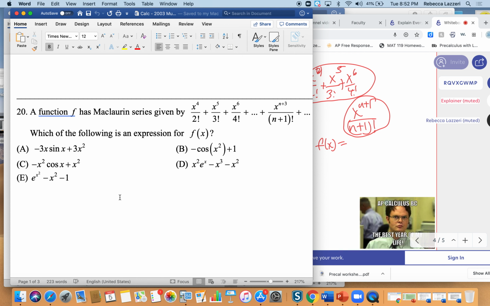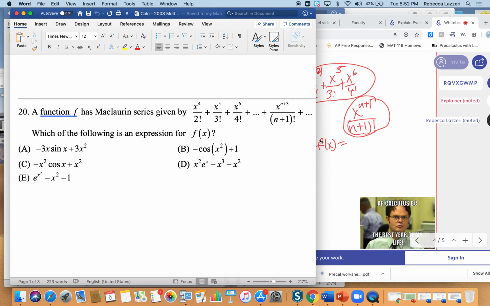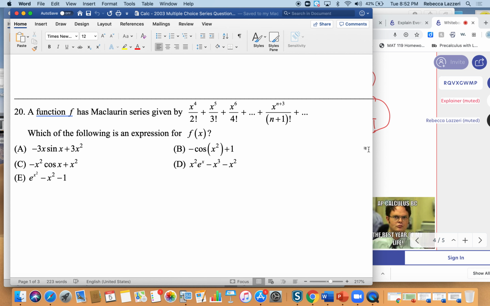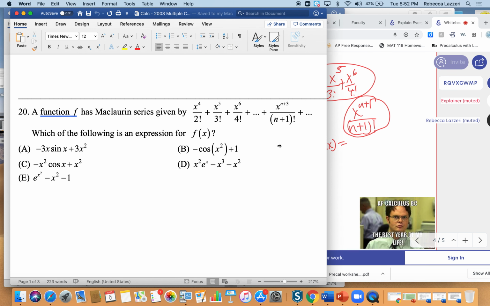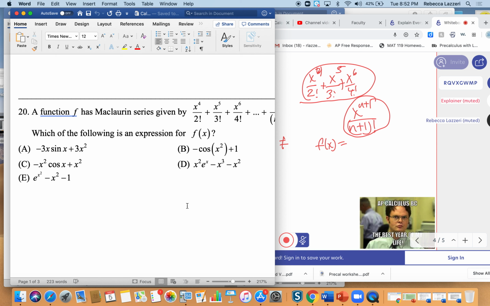And let me see if there's anything else I'm missing over here before I go on. Okay, yeah, that's all we had. All right, so it says, which of the following is an expression for f of x? So I'm thinking to myself, how would I get this? That looks kind of familiar. For instance, I'm thinking e to the, well, it's not alternating.